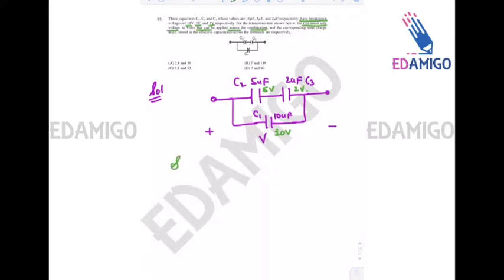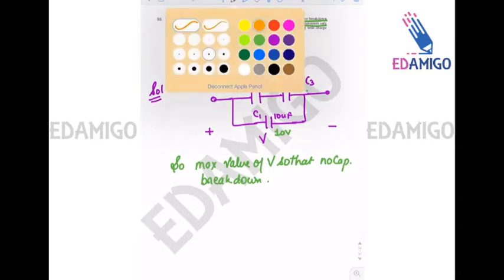So we have to find the maximum value of V so that no capacitance breaks down.